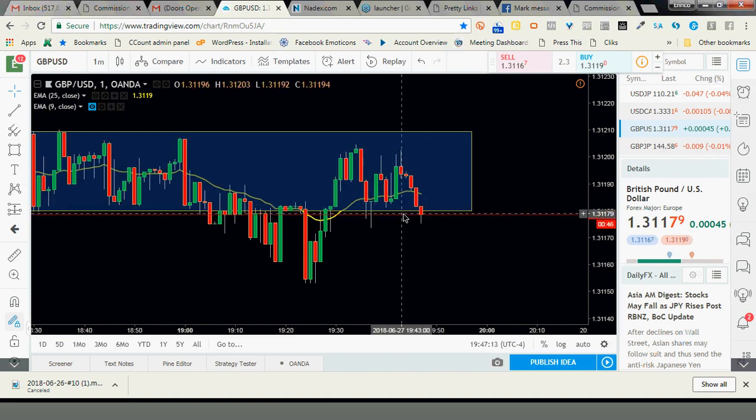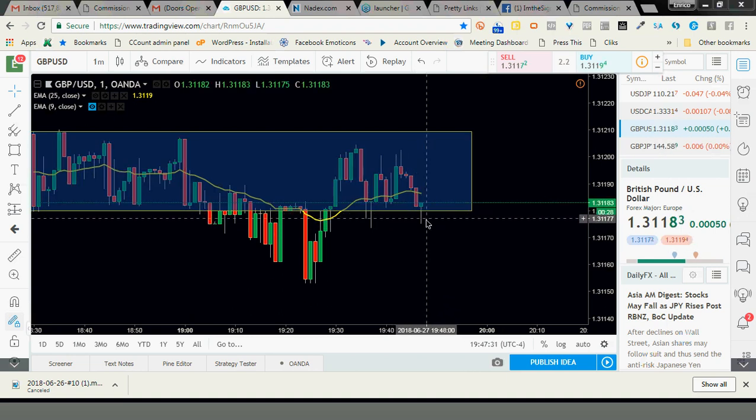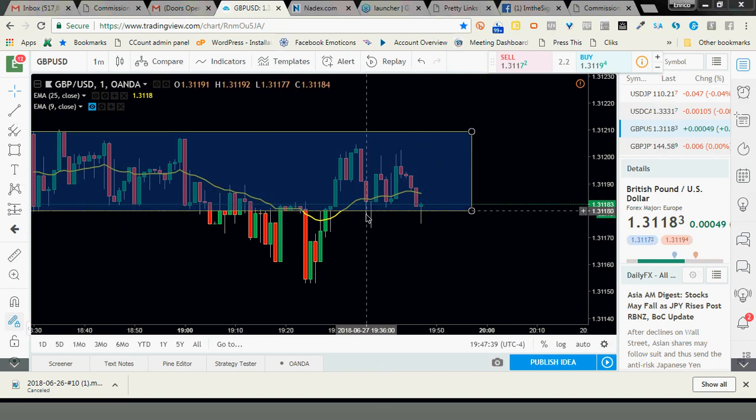What else can we get into about this? Let me see. As we look right here, we'll see what could be a false break. You see how the market came down and snapped right back, right? And it'll trap traders in this area, right?